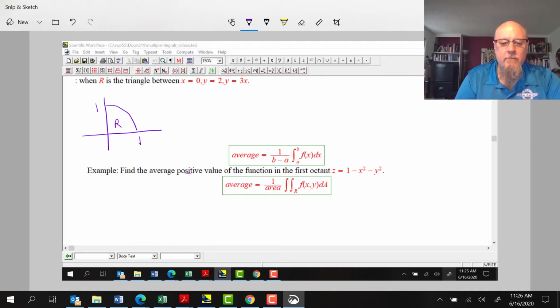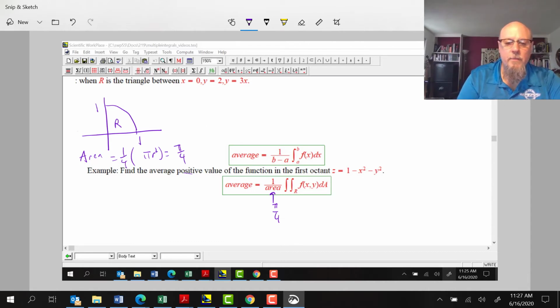If I want the area of this, I could integrate this shape using calculus, but we know that it's a quarter of a circle whose radius is 1. So the area is a quarter of pi r squared, which is just pi over 4. That area part's just pi over 4. We already know what that is. I just need to get this volume. So to get this volume piece, here's where we're going to pick a double integral.